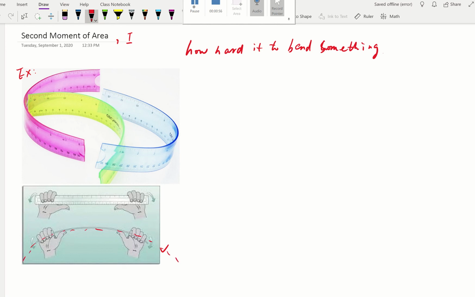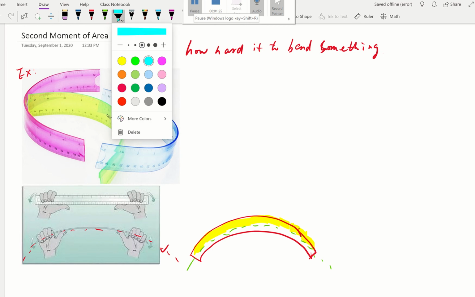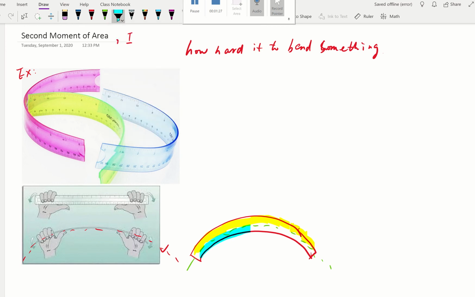If I zoom out and exaggerate a little, this is the ruler, and the bending axis is here. You realize there's only a very tiny amount of area distributed away from the axis, at the top and bottom.